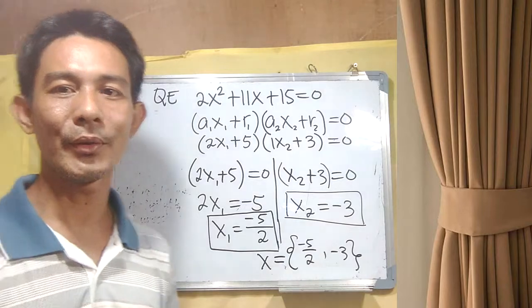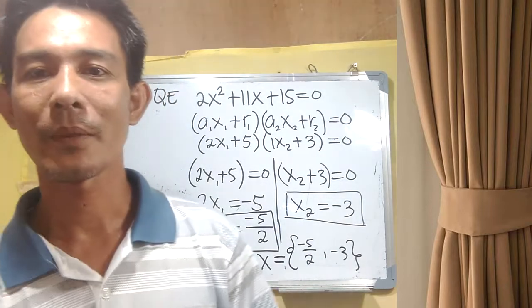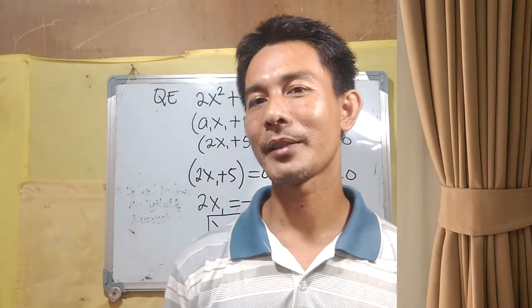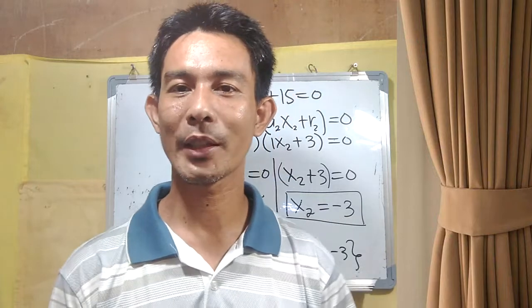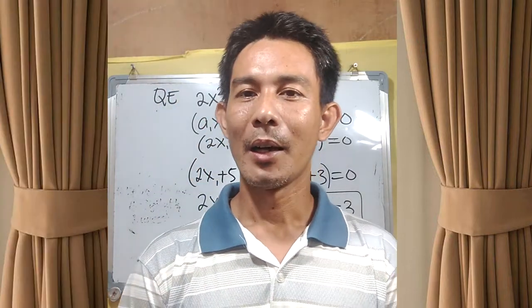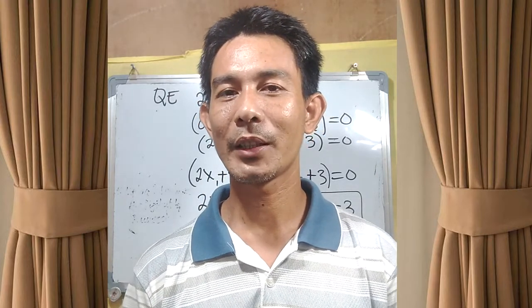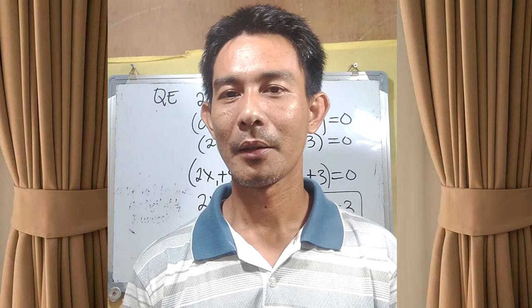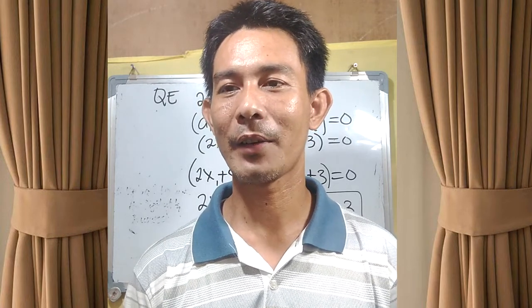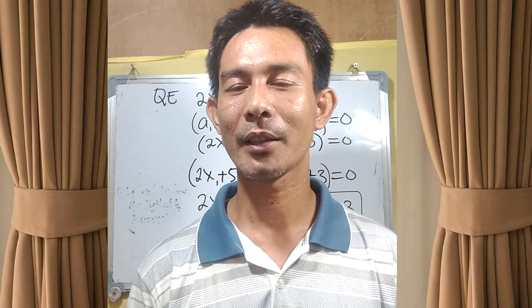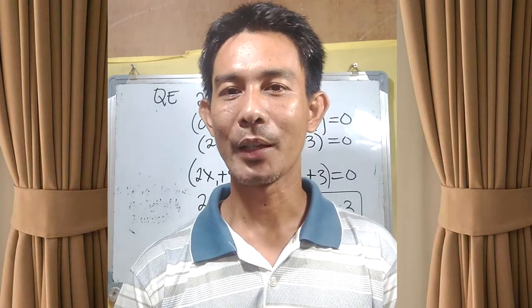I hope you understand our solution and you follow the step-by-step procedure in solving a quadratic equation by factoring: factoring the leading coefficient, factoring the constant, and then combining their factors and finding the sum so that you can find the value of b, or the middle term.